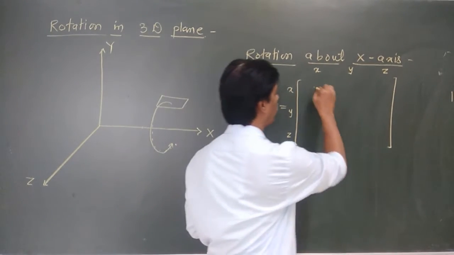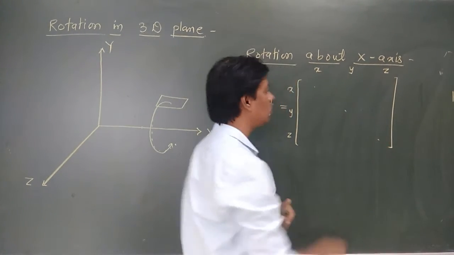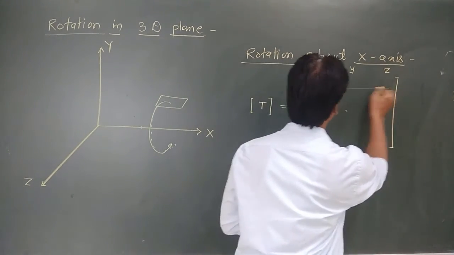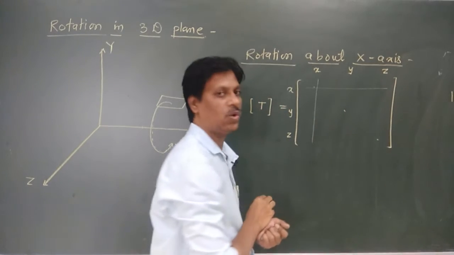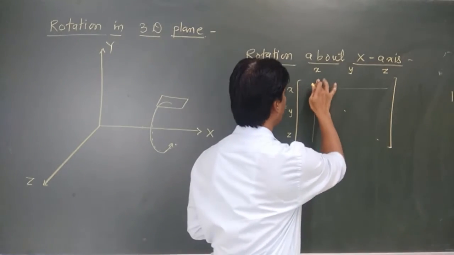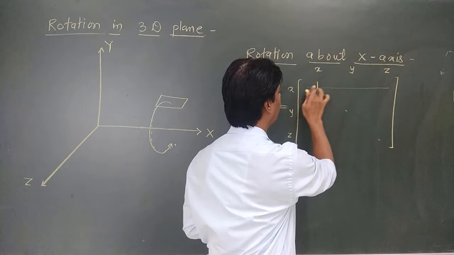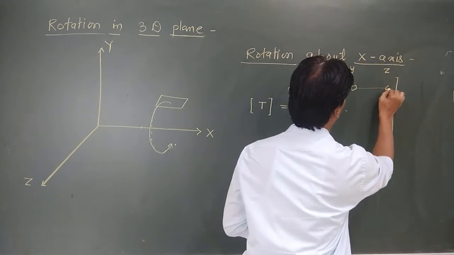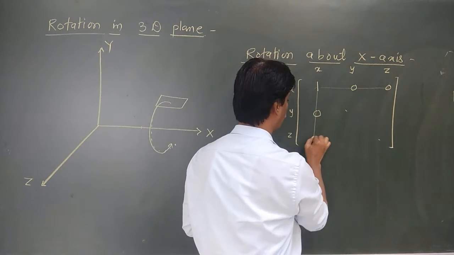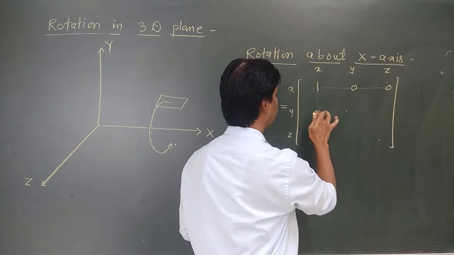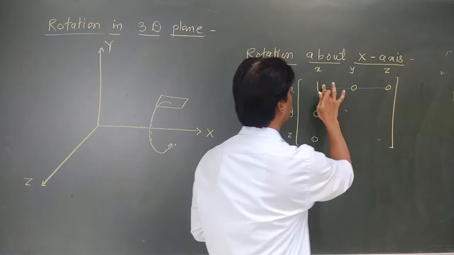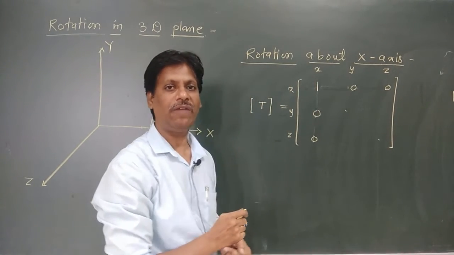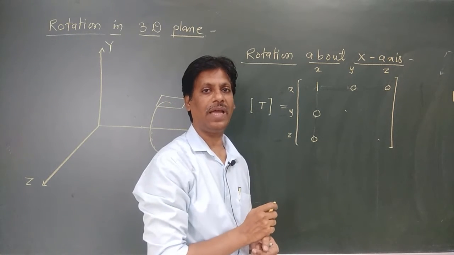Now we have to take a rotation about the x-axis. So in the x row and x column, that means the first row and first column, the diagonal entry is 1 and the rest of the entries of that row and column are 0. This is the first row and first column of the rotation about the x-axis.